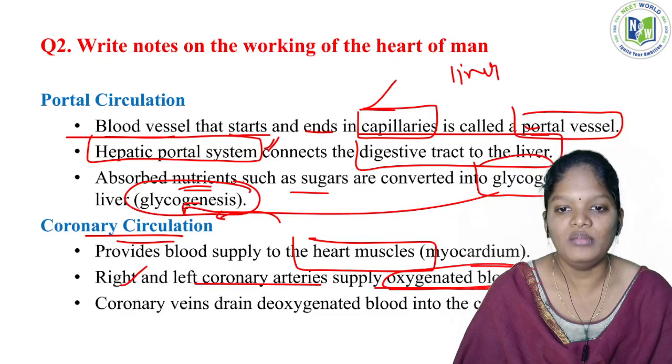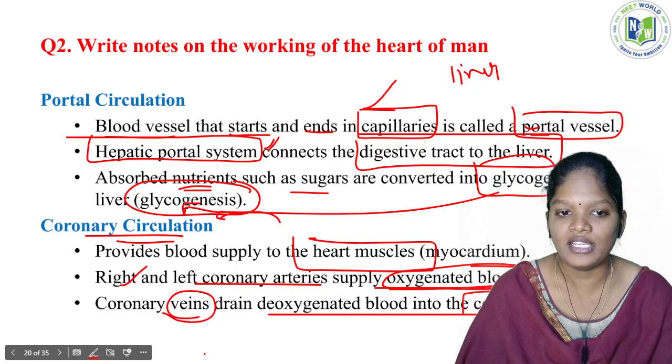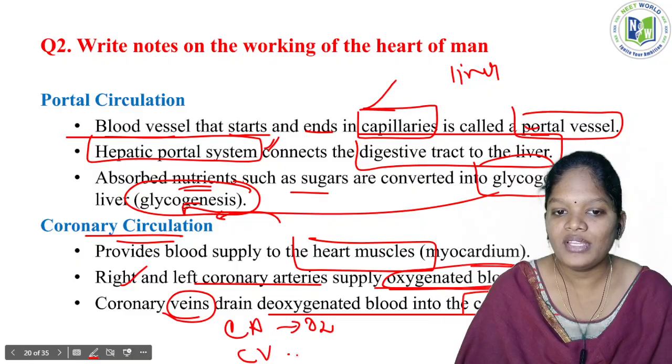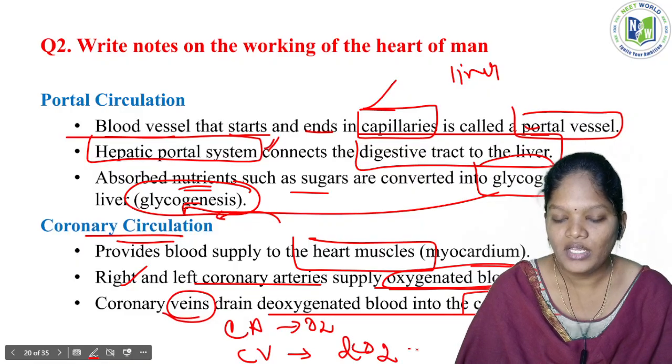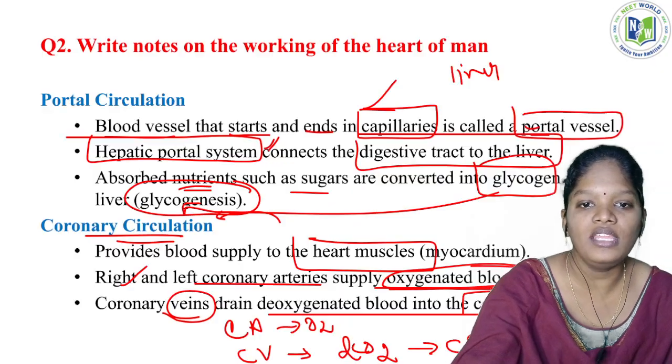Coronary veins drain the deoxygenated blood into the coronary sinus. This is an important thing.